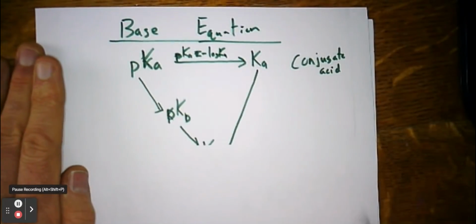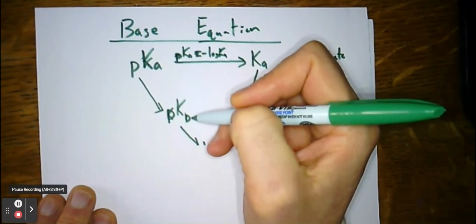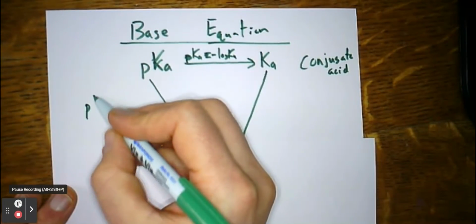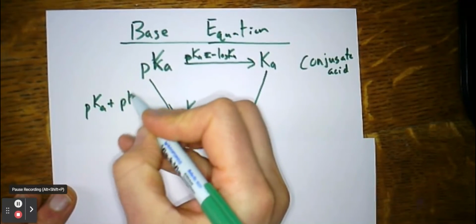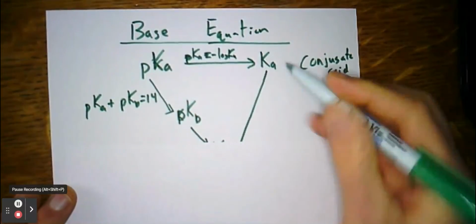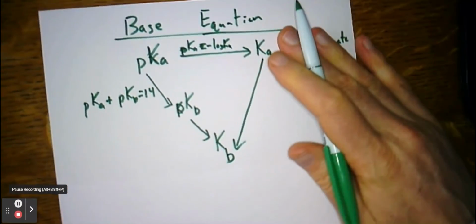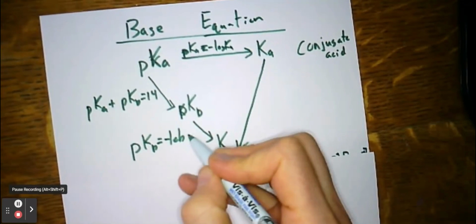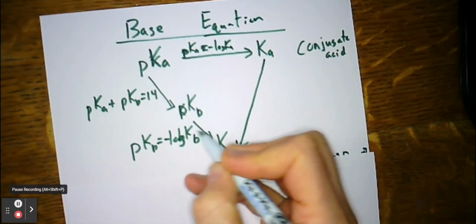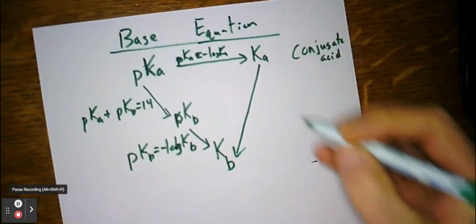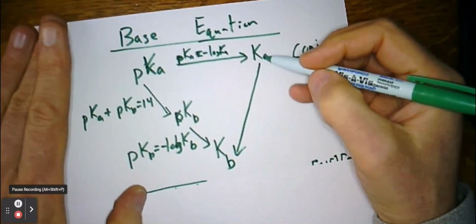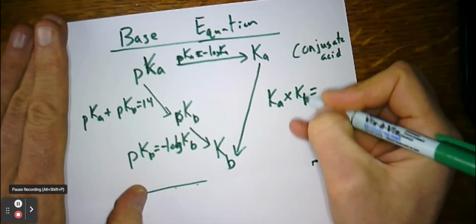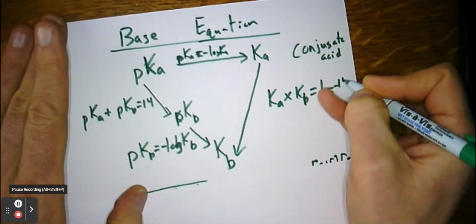You could go from your pKa to your pKb with pKa plus pKb equals 14, and then from your pKb to your Kb with pKb equals the negative log of your Kb. Or you could go from your Ka to your Kb with Ka times Kb equals 1e-14.